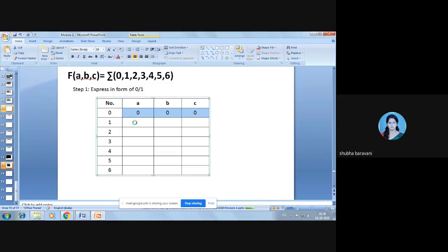Next, how do I express 1? 0, 0, 1. 2 is 0, 1, 0. 3 is 0, 1, 1. 4 is 1, 0, 0. 5 is 1, 0, 1.